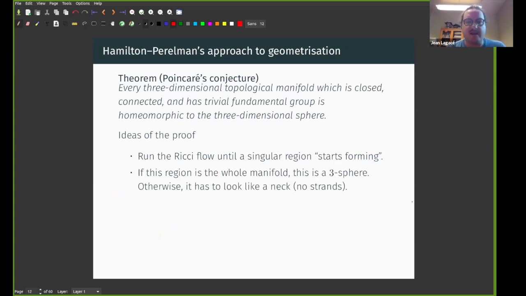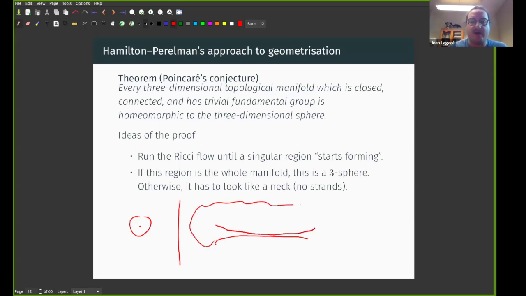Or the other option: basically we wait until a singular region starts forming. If this region is everything, this is a three-sphere, and this is a case where you degenerate to something like this. Or the other option is that it will look like something that has a very thin neck and otherwise connects in ways that we don't necessarily see behind.